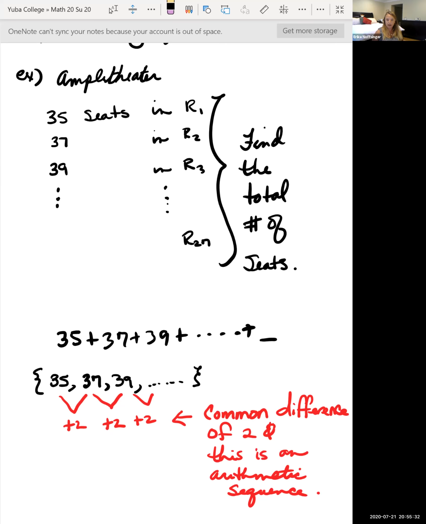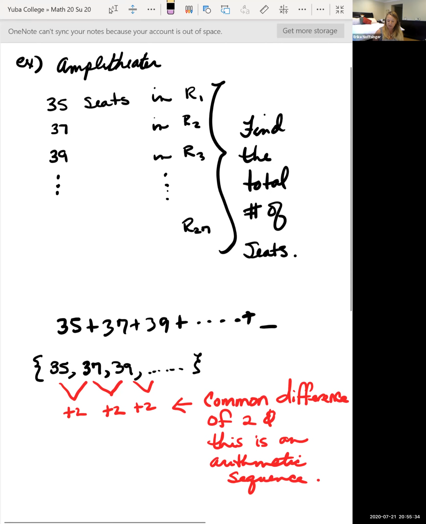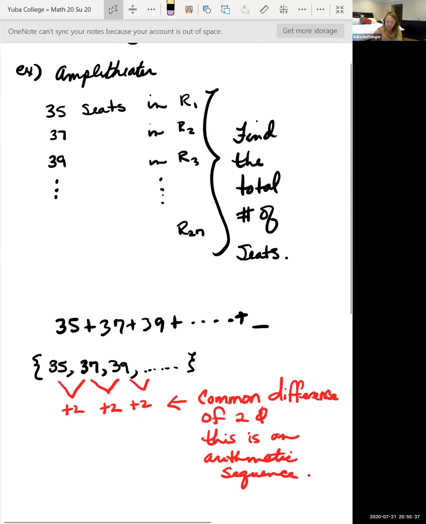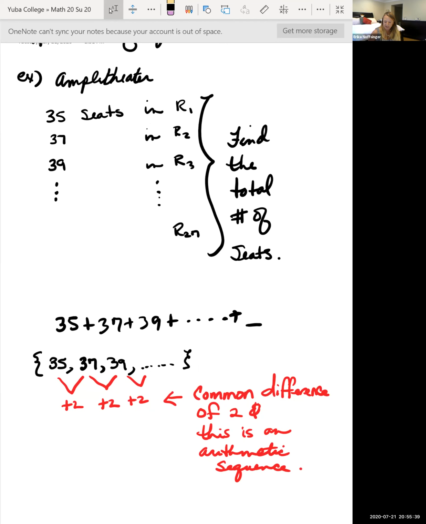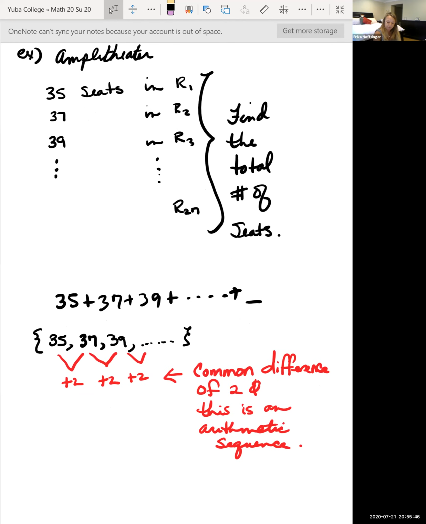So now we can look at a formula for summation for an arithmetic sequence. Let's actually figure out, because these are things that you guys would have to be able to do on the test, what our a sub n term is.